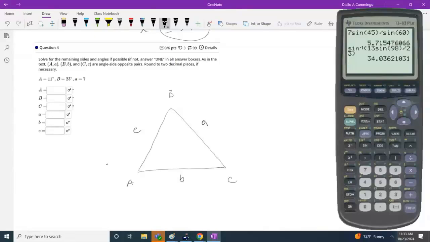Angle A is 11 degrees. B is 23 degrees. A is 7.